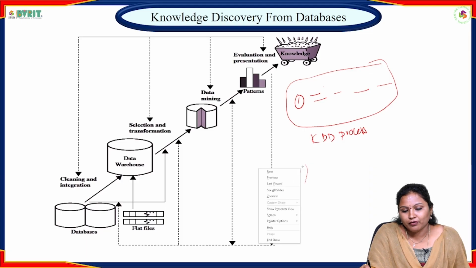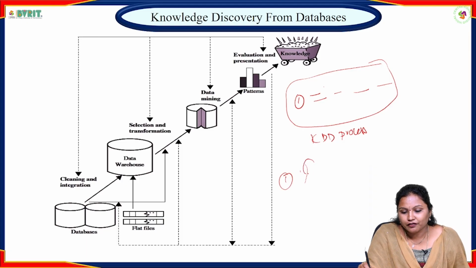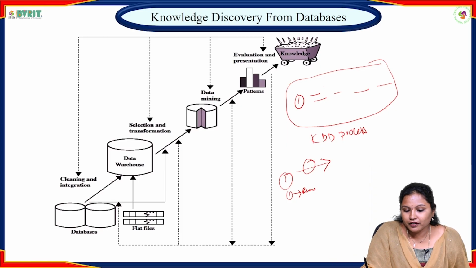Whatever data we collected, first we need to do data cleaning, right? What is the purpose of cleaning this data? The main purpose of cleaning is removing noisy data. So the first step in the knowledge discovery process is data cleaning, removing noisy data or missing values.